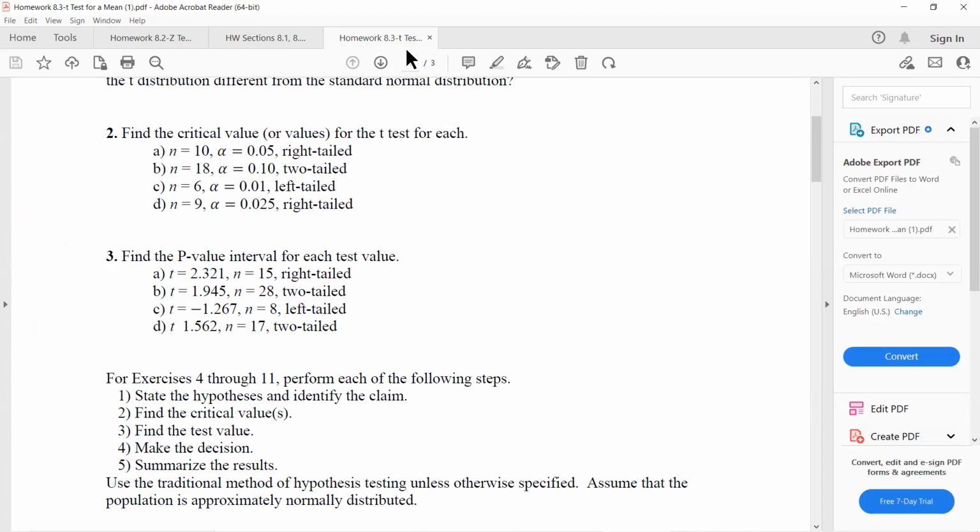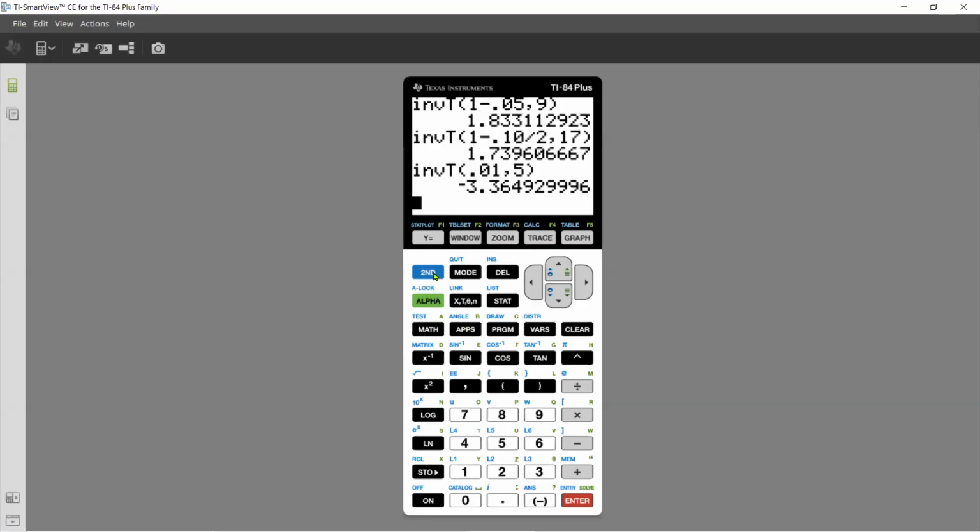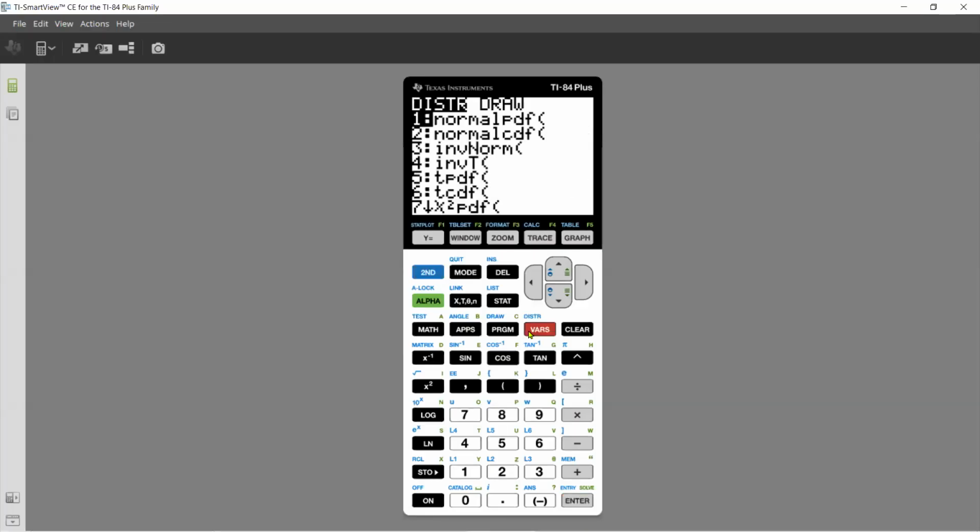You're going to say that that's equal to second distribution, inverse T, number 4, 1 minus 0.025, and your DF is what? 8.